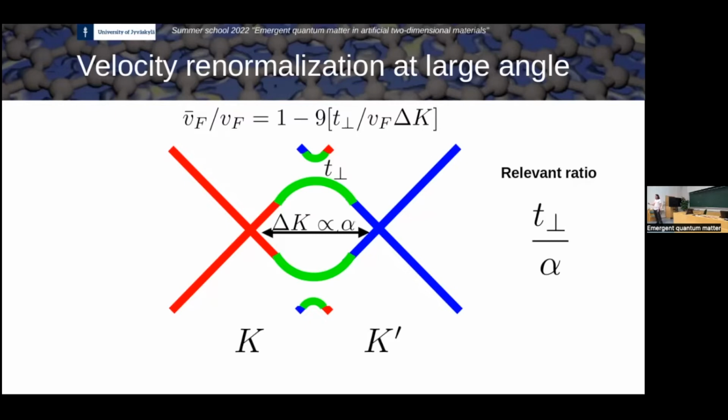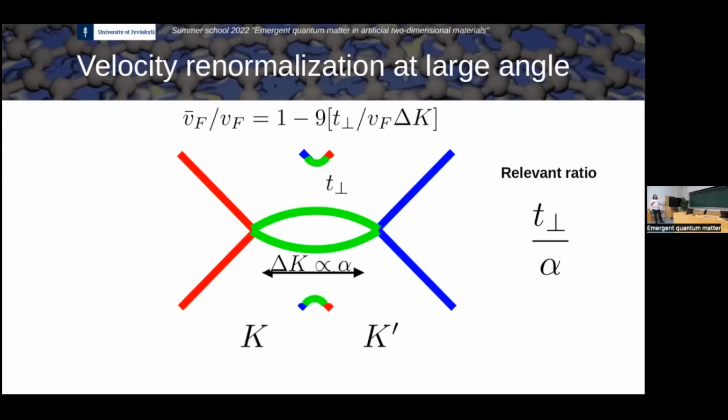And this is essentially what happens if you are at angles that are above 1.5 degrees. And you can start seeing this effect around, let's say, 10 degrees or so. So the smaller you make your angle, the stronger the velocity renormalization is, and the lower the Fermi velocity. And this is something that you can see if you decrease the distance in momentum space.